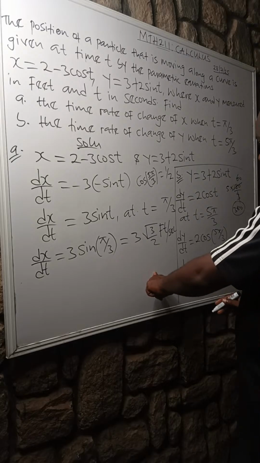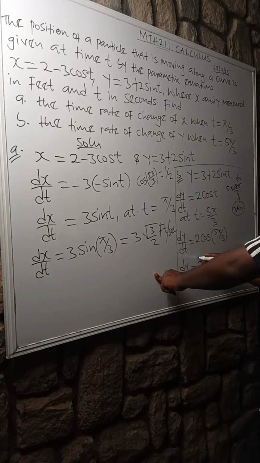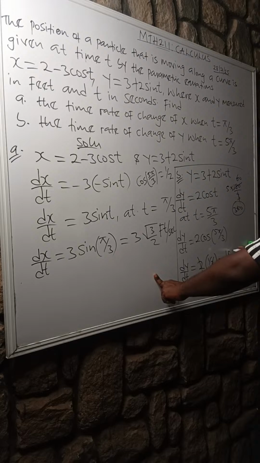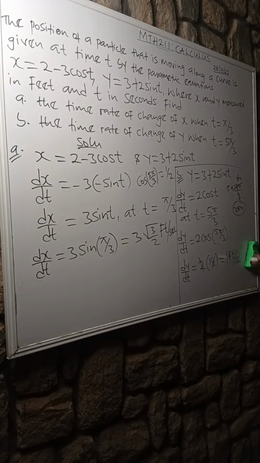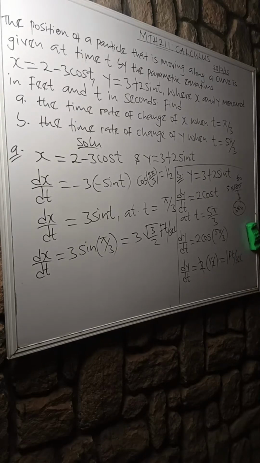Then here is going to give us, this will cancel, 1 feet per second. I think I'm right. So this is what you are supposed to have.